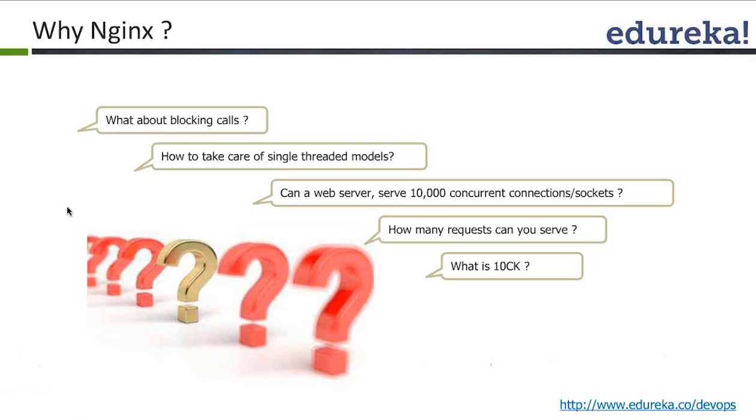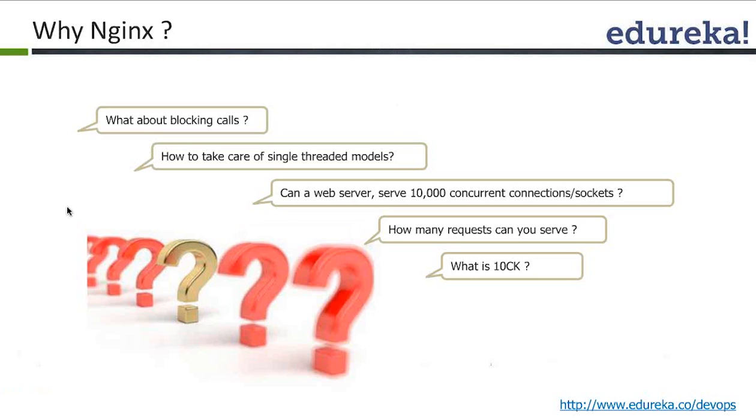And as I said, when such high numbers of simultaneous connections happen, there are deadlocks, memory is an issue, and CPU becomes a constraint. So the whole issue of scalability comes into the picture.